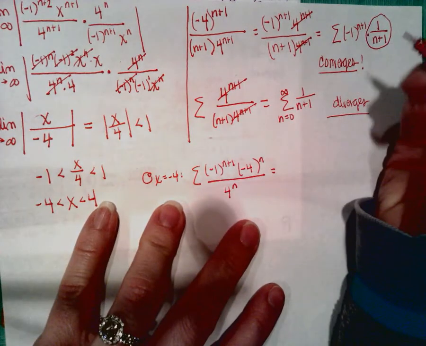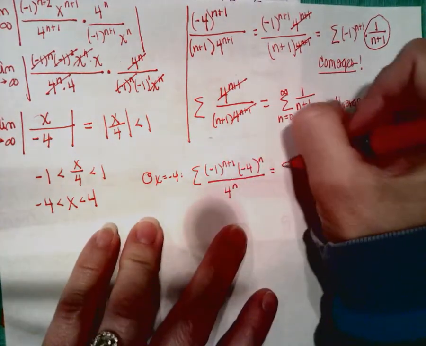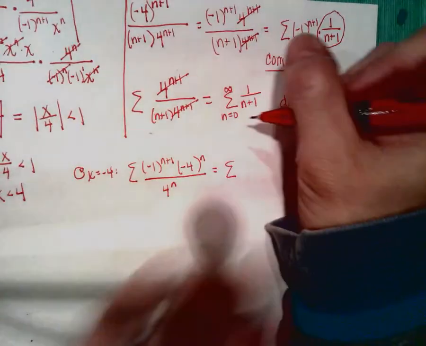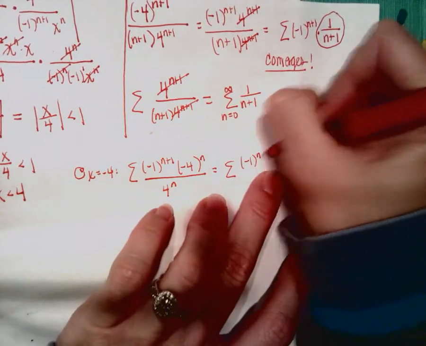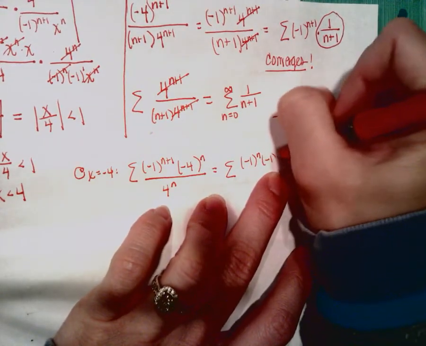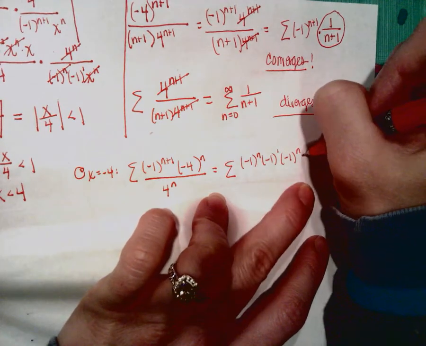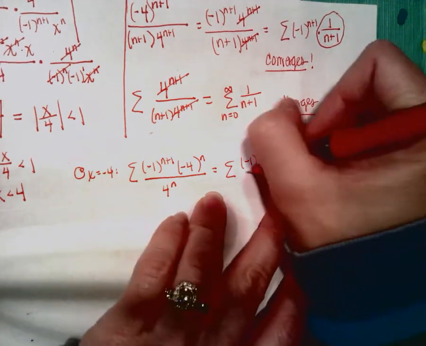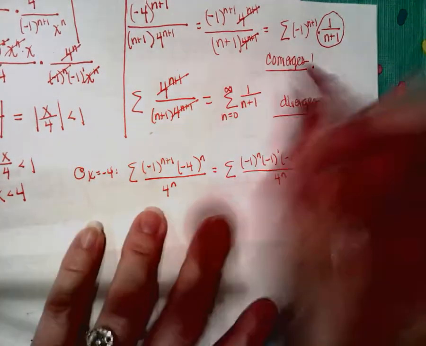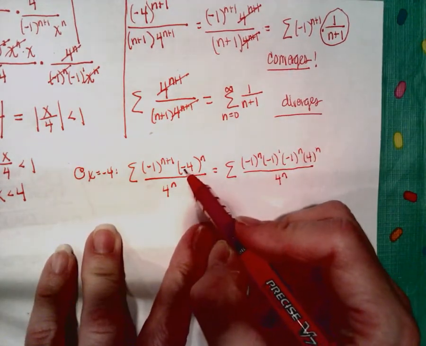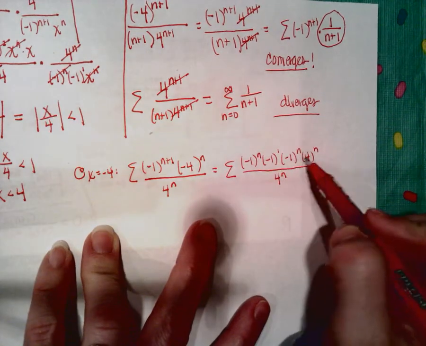Okay, so let's see. That's the same thing as the sum of (-1)^n times (-1) to the first times (-1)^n times 4^n over 4^n. So I just broke apart this -4 as the -1 times the 4 here. So the 4^n's cancel.